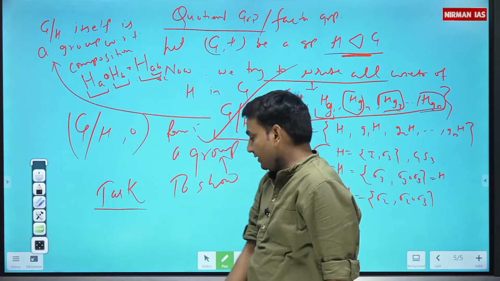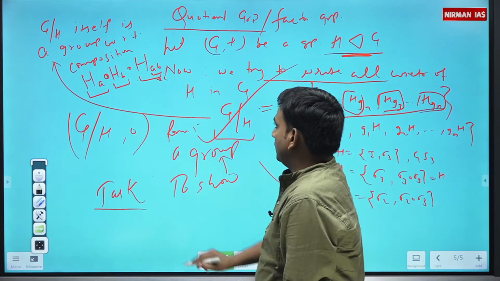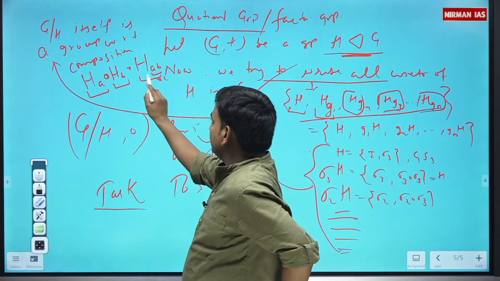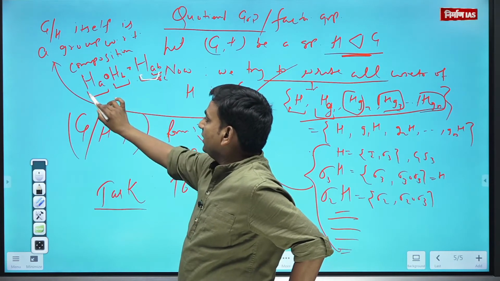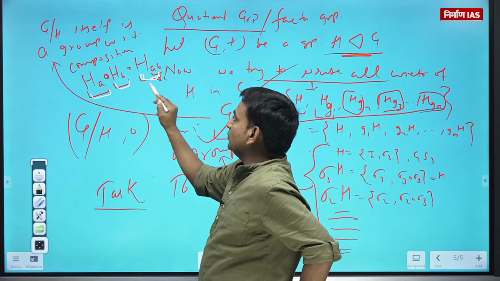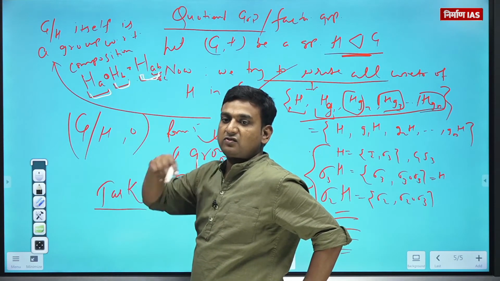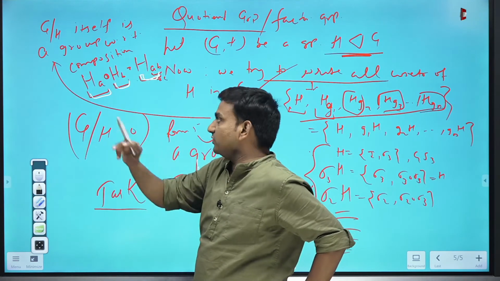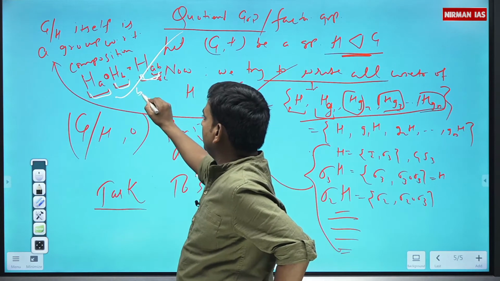That is the first point. So is this again a right coset or not? That means the composition of these two elements of this set will give you a third element of this set itself, because this set contains all right cosets or left cosets of H in G. So this is a binary operation. Any doubt?